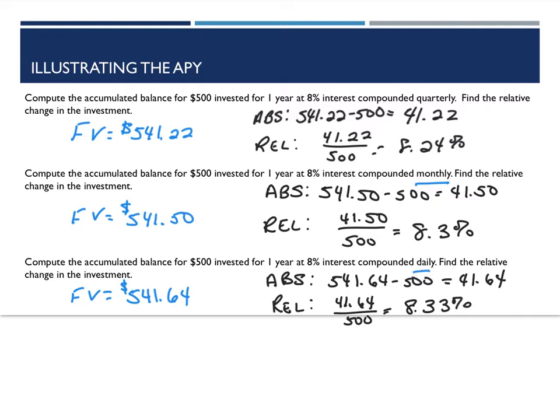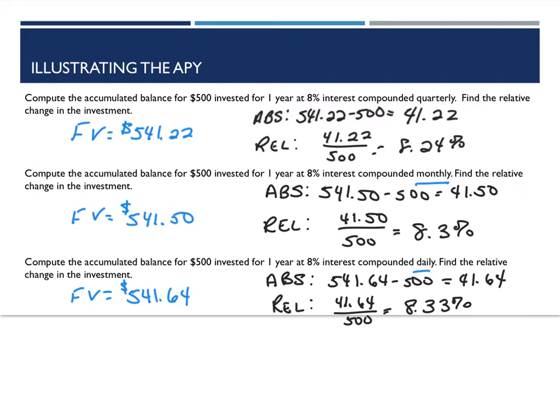Now what we're looking at here is the APR, the annual percentage rate, is the 8%. It was 8% for the simple interest, it was 8% compounded annually, 8% compounded quarterly, monthly, and daily. The APR was the same, but what was different was the compounding periods. If we compounded annually, then the relative change was the same as the APR.